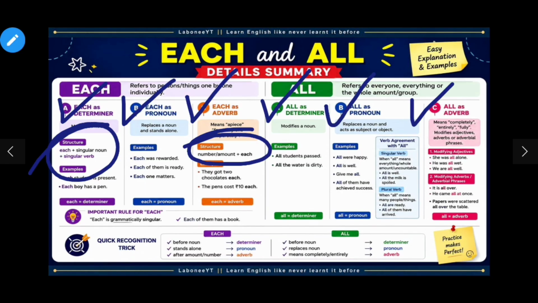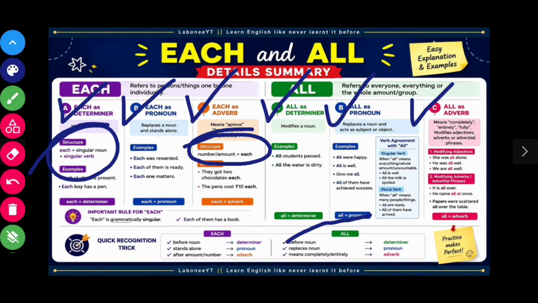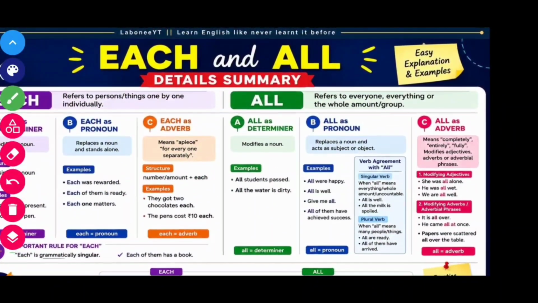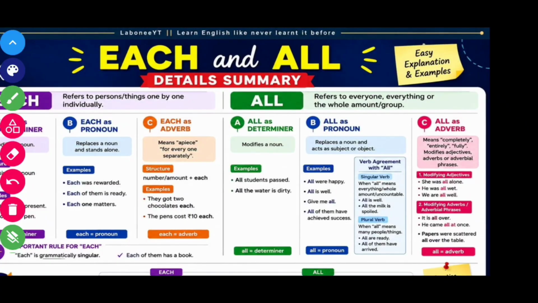Then we can say that sometimes "all" is used with an uncountable singular form, like we can say here, "All is well." All is uncountable. We don't know which one, this one or this one, but it's uncountable. So we can say "all" is used with a singular uncountable noun, like "All the milk is spoiled." We cannot count milk, even we can't count water.